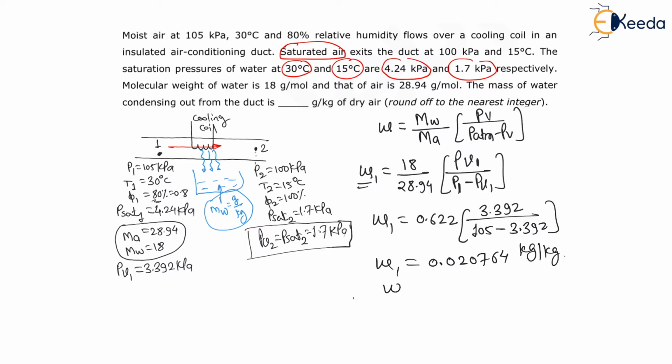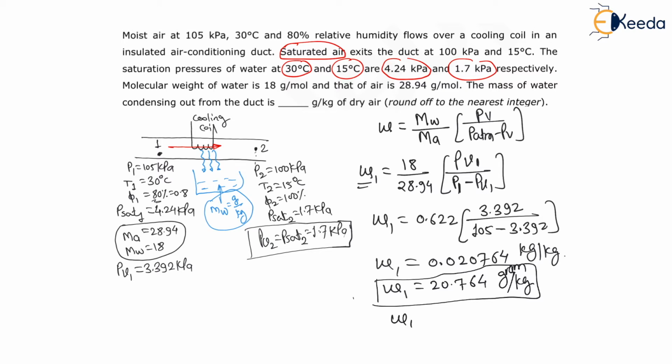If we want to convert to gram per kg, then we have to multiply with 1000, that is 1000 gram is nothing but 1 kg. Therefore, it will become 20.764 gram per kg of dry air. Now, this is the specific humidity 1. Now, my dear students, let us similarly find specific humidity 2.